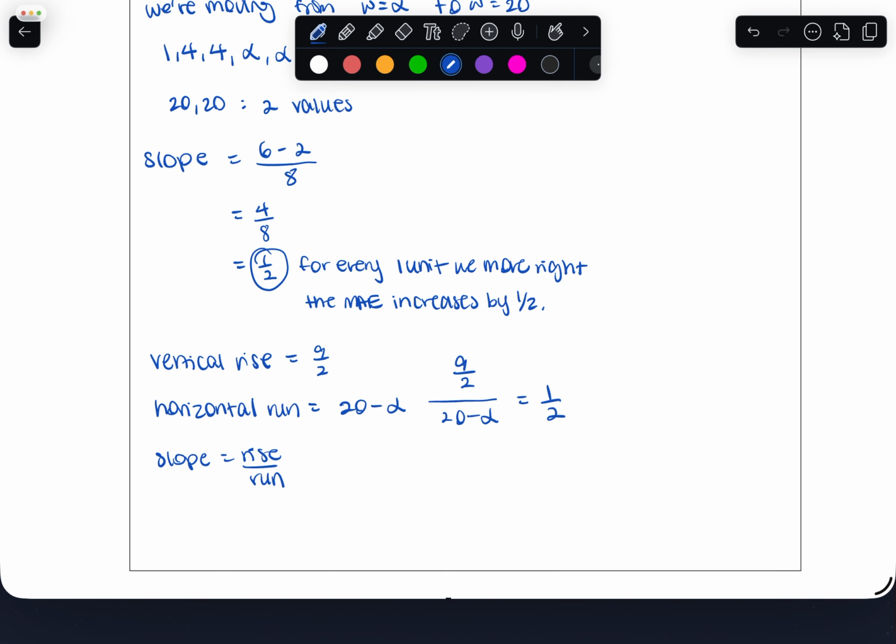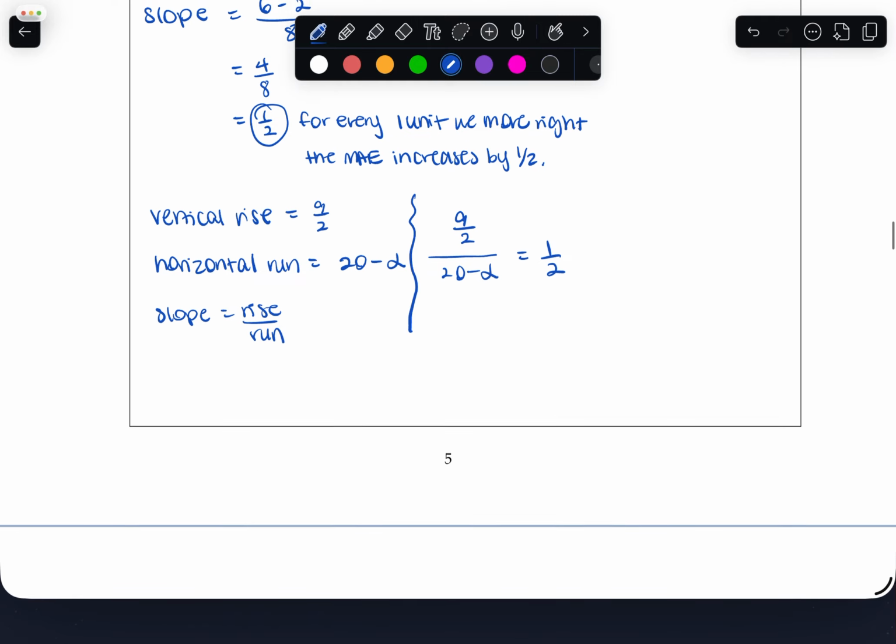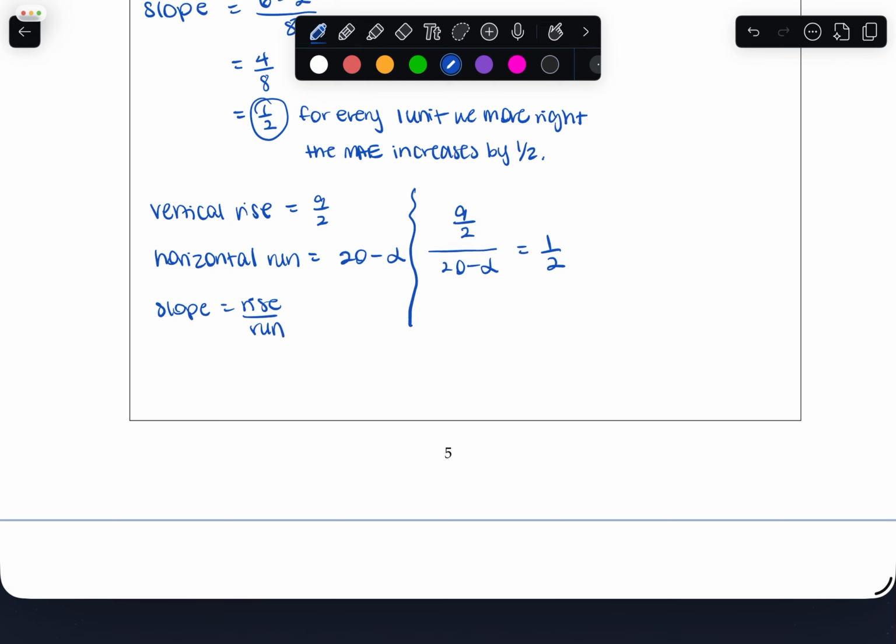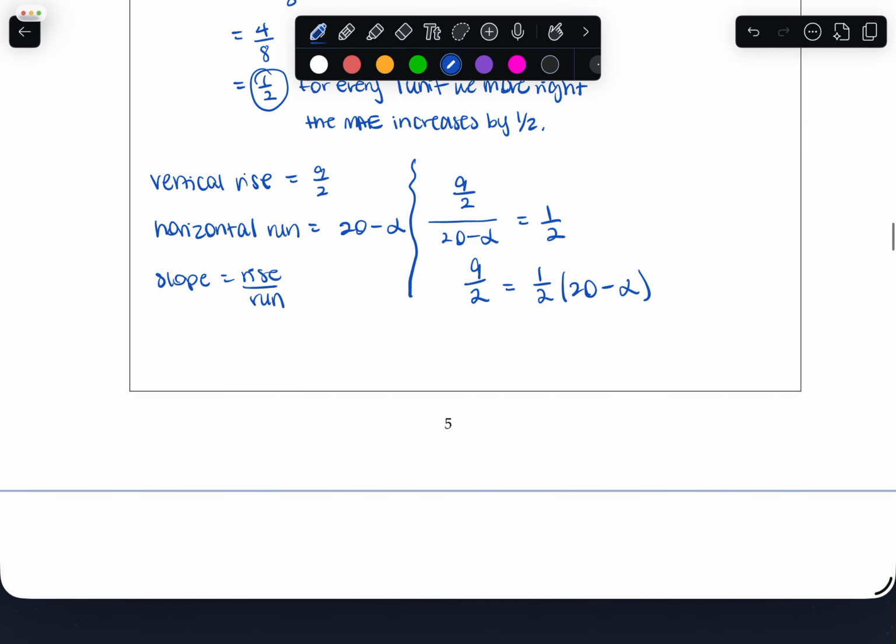So we can set that on the right-hand side. Now let's solve for alpha by first multiplying by 20 minus alpha on both sides. We get 9 over 2 is equal to 1/2 times 20 minus alpha. Multiplying by 2 on both sides, we get 9 is equal to 20 minus alpha. And then solving for alpha finally, we get alpha is equal to 11.